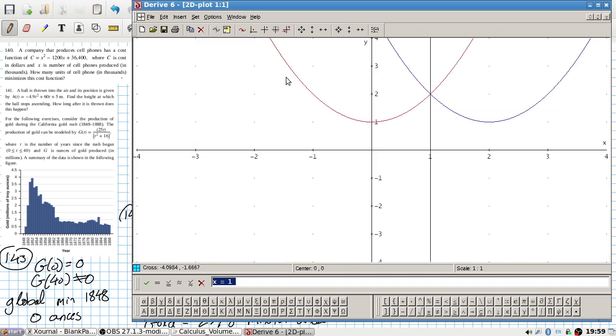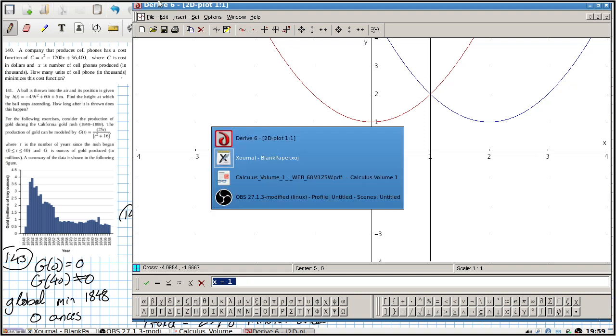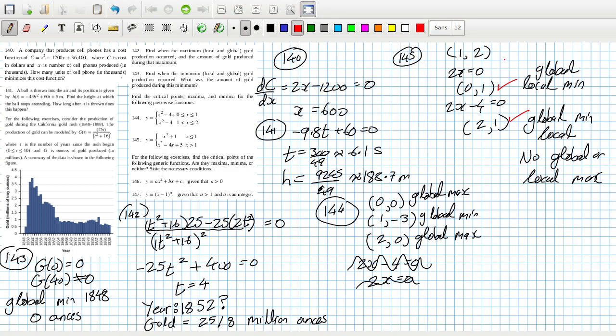So it is a local max at 1, 2. Interesting. I would have missed that. Very interesting. That's a local max. I like it a lot. Tough one. Very tough one. Okay, good. Very good.